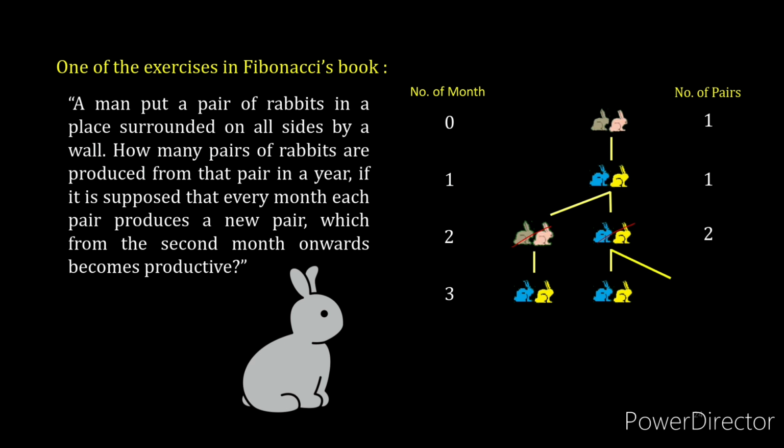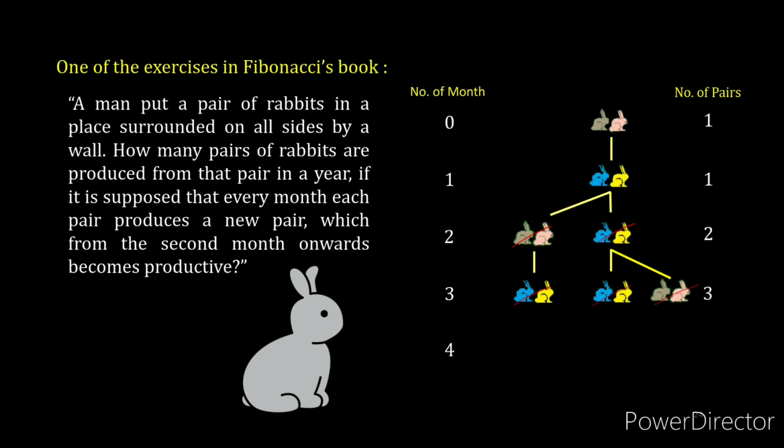Ito naman yung second batch ng babies nila. So, for the third month, we have number of pairs as 3. Now, magpapatuloy yan.